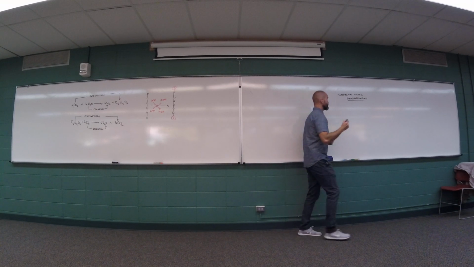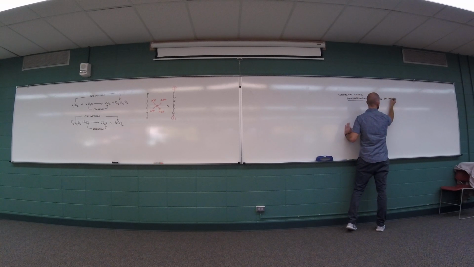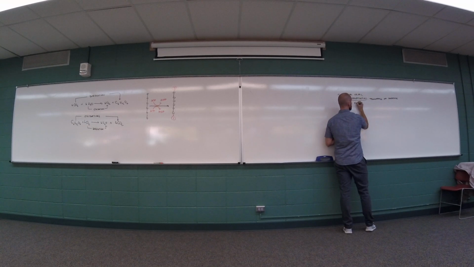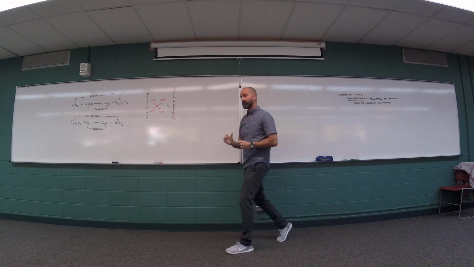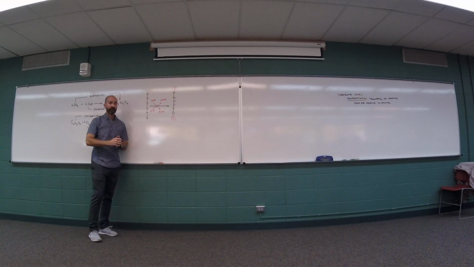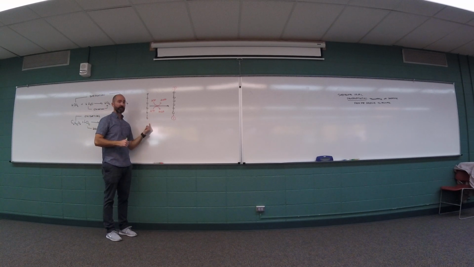So substrate level is the transfer of phosphate from one molecule to another. Do you guys see how that occurred right here? That this was a substrate level phosphorylation event? Because we took a phosphate from ATP and we stuck it onto glucose. So that was substrate level phosphorylation.